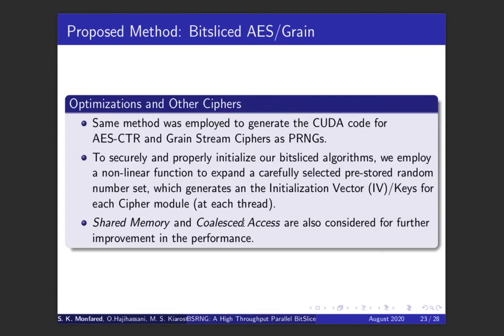We have used a similar method for the AES-CTR and the Grain stream cipher as the PRNGs, and it's really important to note that the initialization of these algorithms, when it comes to IVs, or initialization vectors, and keys for each thread, should be carefully selected, because these values are critical for the PRNGs and should be carefully computed.